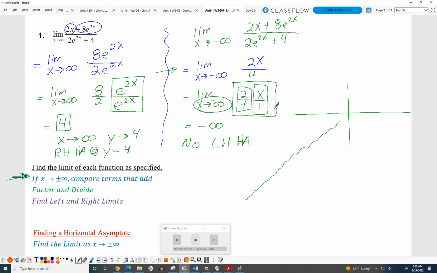We plugged in a negative trillion, multiply it by 1/2, we get negative 500 billion. So as the x value becomes increasingly negative, the y value does as well. 2 more. Anything else? Cool. Stop the video.